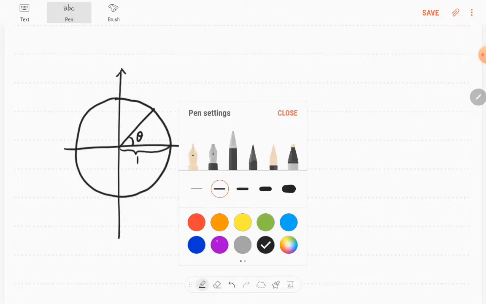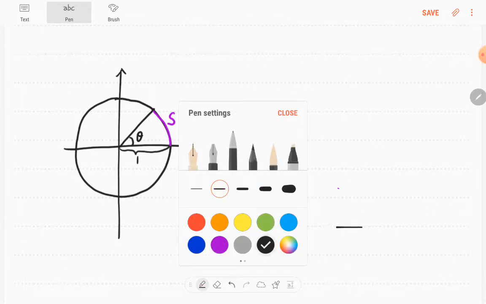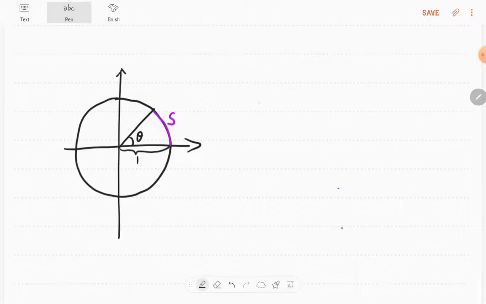If we denote the arc length by s, then we know that s is equal to r, the radius, times the central angle. Now r equals 1, so s is equal to the central angle.